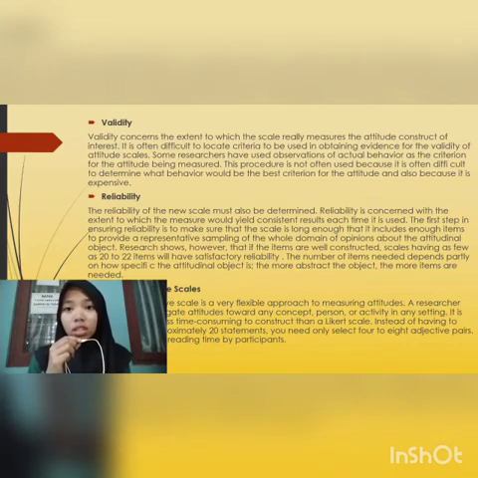The first step in measuring reliability is to make sure that the scale is long enough, that it includes enough items to provide a representative sampling of the whole domain of opinion about the attitudinal object. Research shows, however, that if the items are well constructed, scales having as few as 20 to 22 items will have satisfactory reliability.